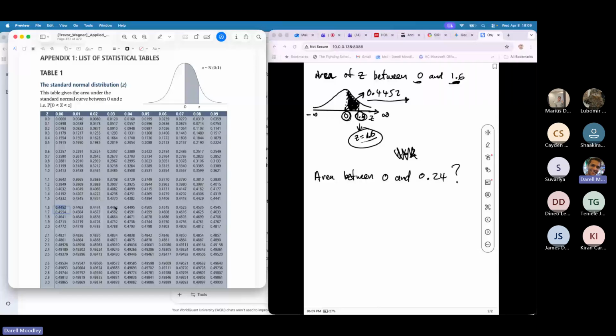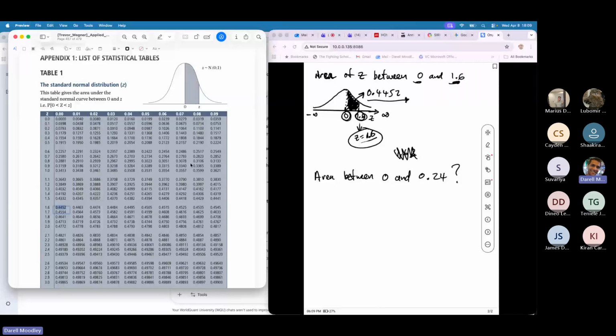The same approach that I did before with 1.6, now I'm asking you, instead of 1.6, use 0.24. What is the size of that area? Can you put it in the chat? Give it a shot. I need to make sure that you're following and you understand the concept. It's very, very important you know how to use this table.